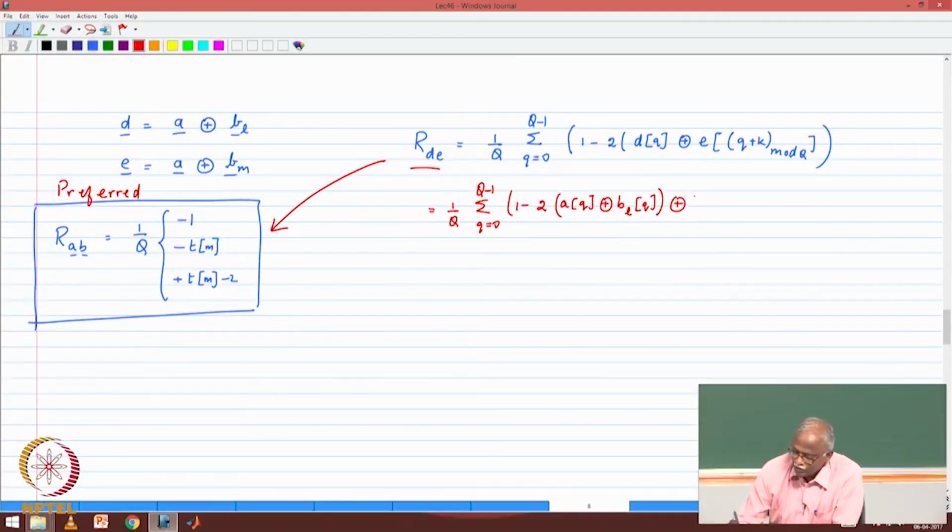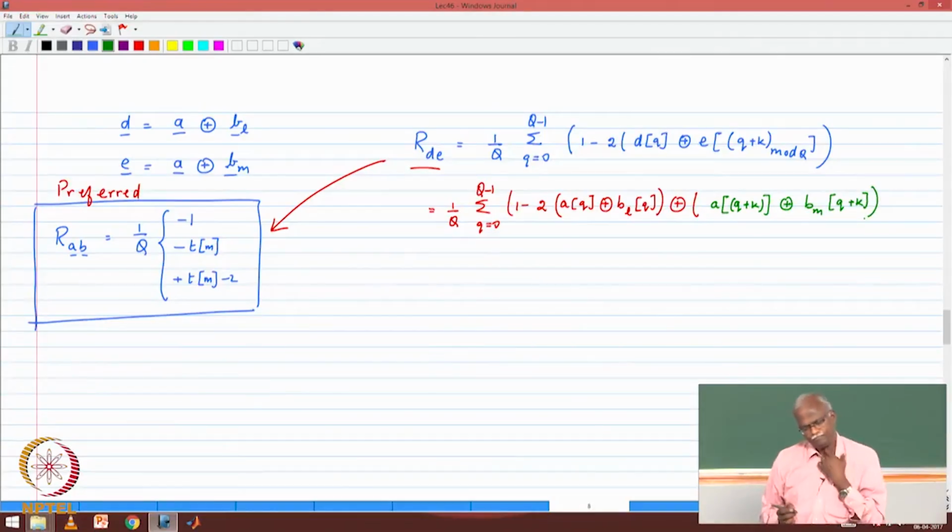Then exclusive or, substitute for E. E is a of q plus k, use a different color, remember that this has to be interpreted modulo q, exclusive or the second one will be b m of q plus k. Just substitute it. The D and E were defined by the Gold-Kasami structure.